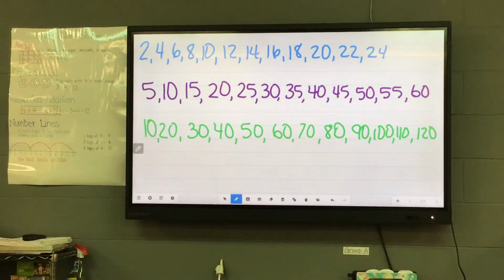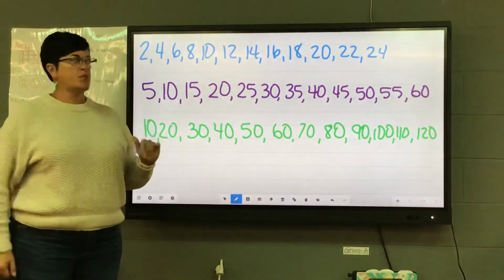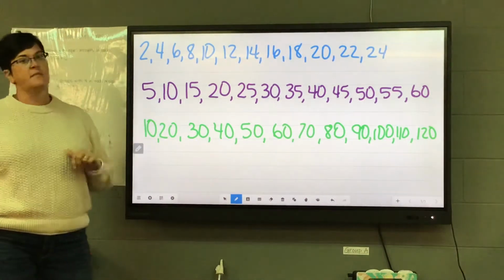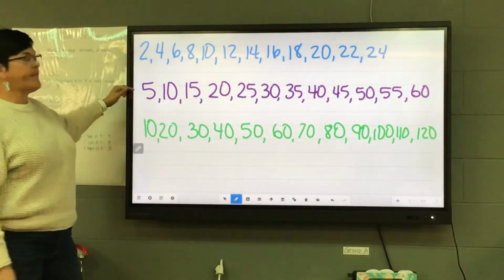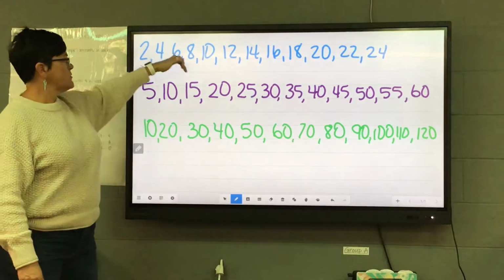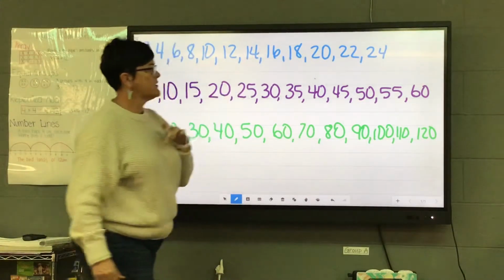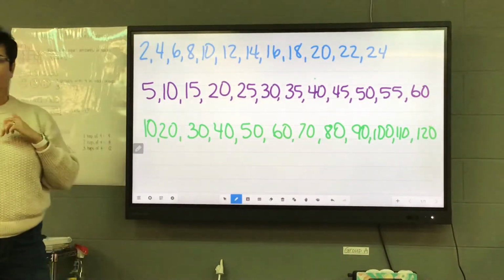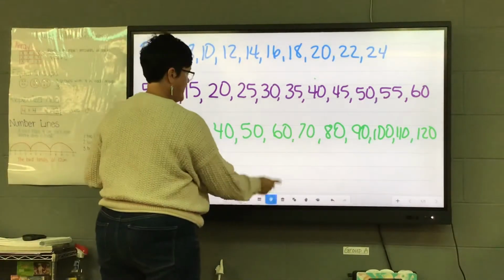All right, so now, if I needed to figure out what 5 times 8 was, watch this cool trick. So I'm in the fives, right? 5 times 8. So here's 1, 2, 3, 4, 5, 6, 7, 8. What's 5 times 8? 40.